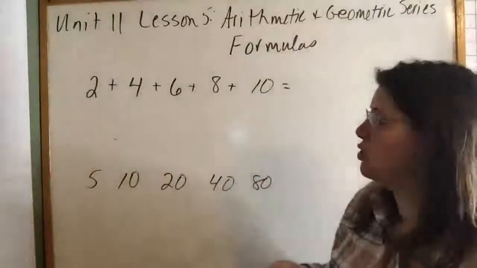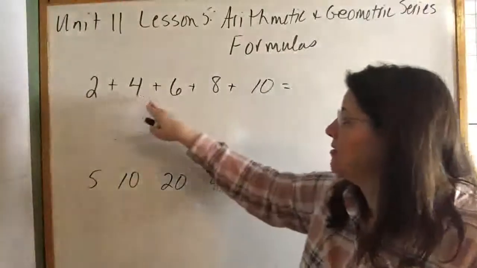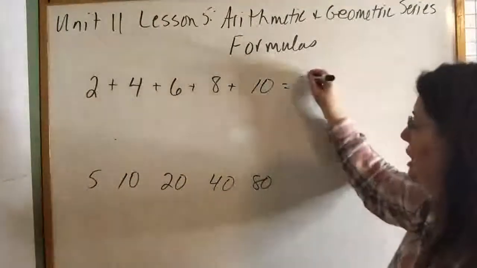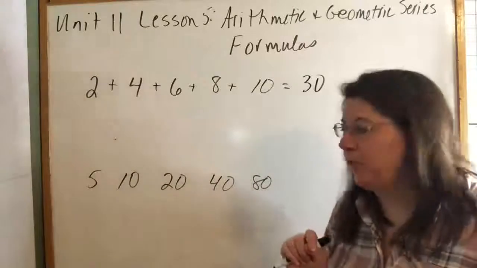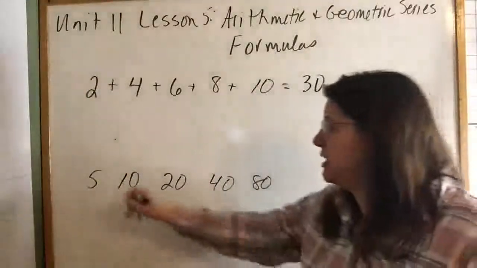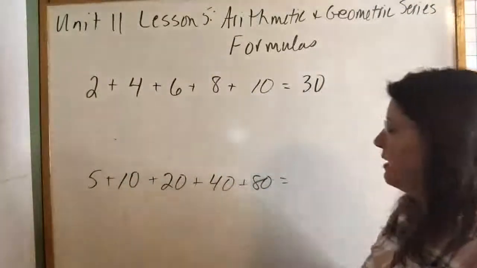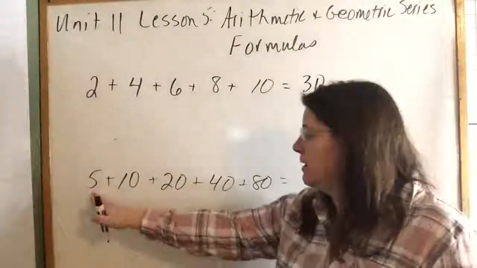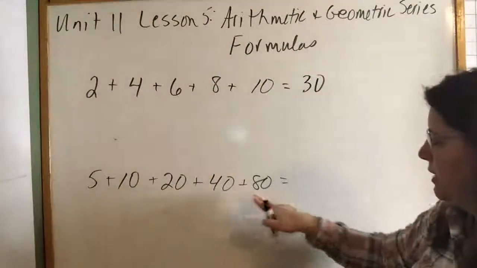If they ask us to add all of those terms together, let's see, we get 6, 12, 20, we get 30. The first 5 terms of this series is 30. They might say, add the first 5 terms of a geometric series. Well, the first 5 terms of that series, let's see, we get 15, 35, 75, 155.